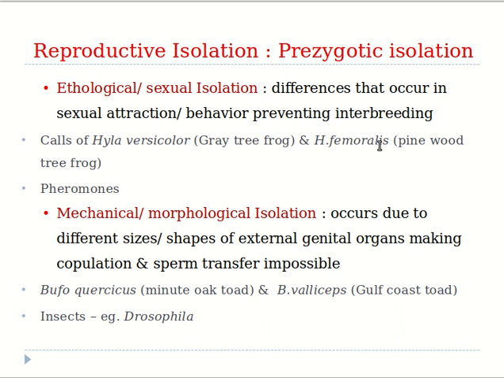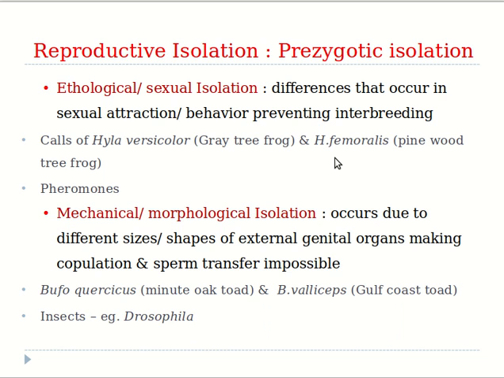Hence they are able to distinguish the mating calls of their own species from those of others. The mating call of the male Hyla versicolor was very easily distinguishable from that of the male femoralis.